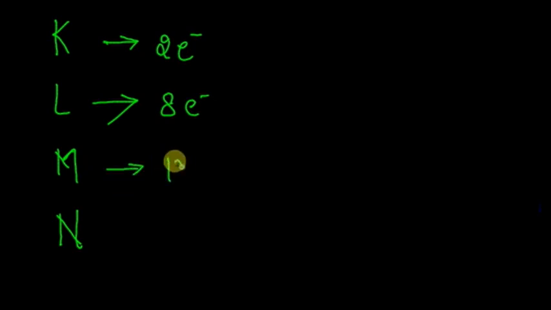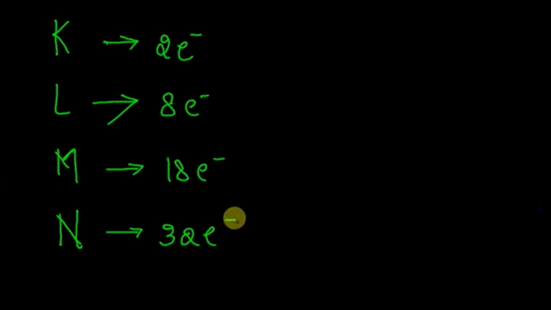Each shell also had a maximum number of electron capacity, where the K shell had the maximum capacity of 2 electrons, L with 8 electrons, M having the maximum of 18 electrons, and N for 32 electrons.